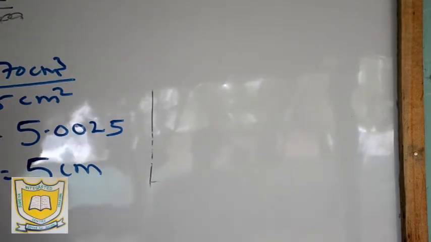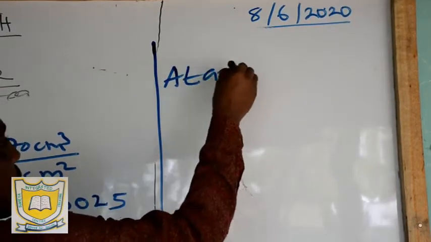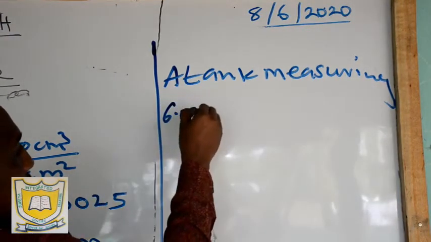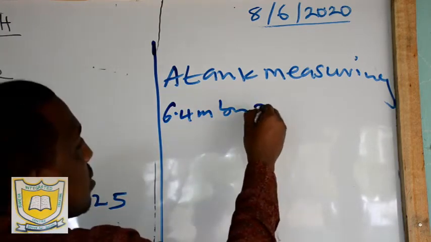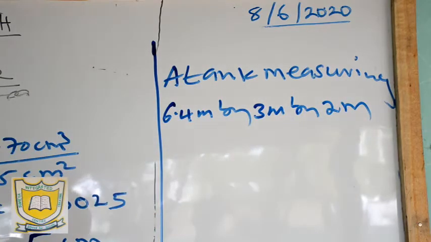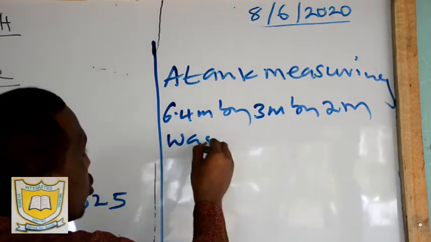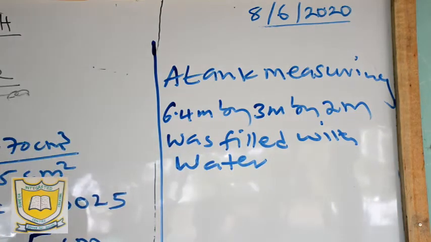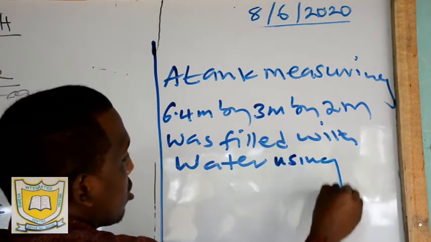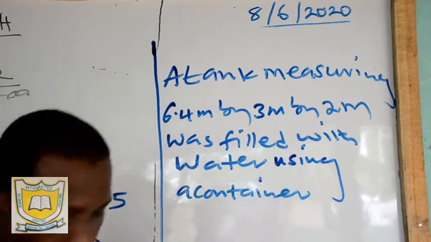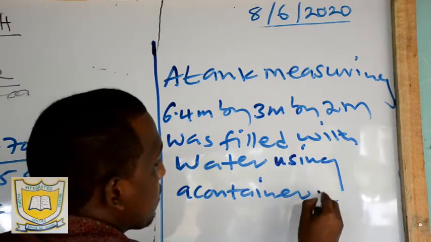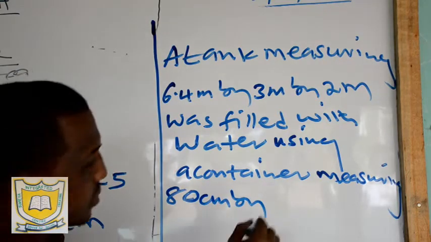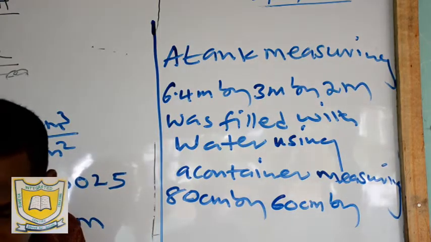Here is another question. You are told a tank measuring 6.4 meters by 3 meters by 2 meters was filled with water using a container measuring 80 centimeter by 60 centimeter by 40 centimeter.